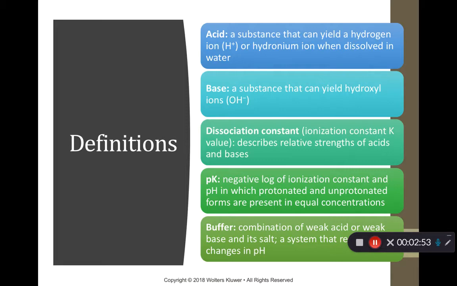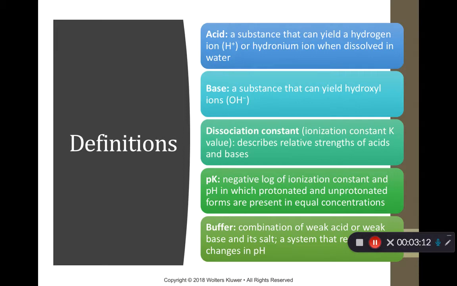The pH of a solution is defined as the negative log of hydrogen ion concentration. A decrease in 1 pH unit represents a tenfold increase in hydrogen concentration. So that's usually how it works.